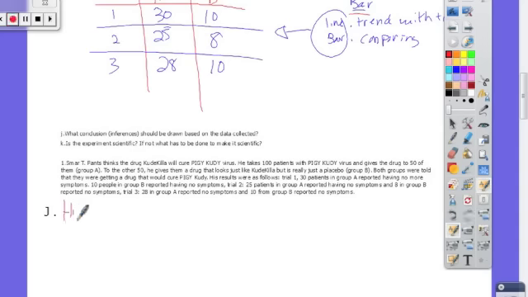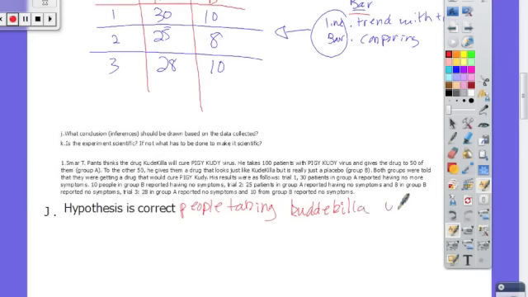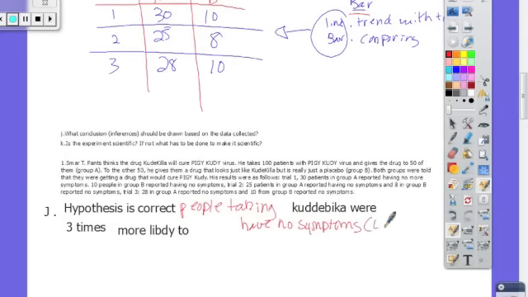We can say hypothesis is correct. People taking the Kudikilla were 3 times more likely to have no symptoms or cured.